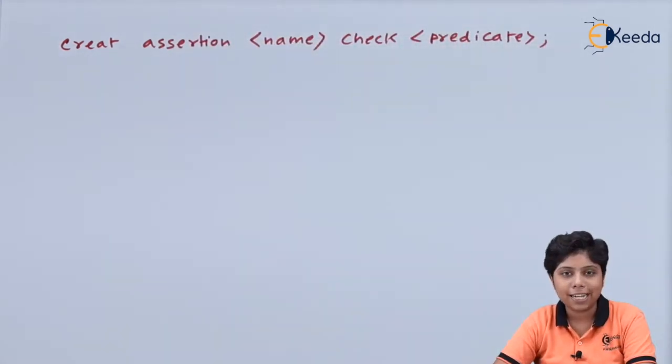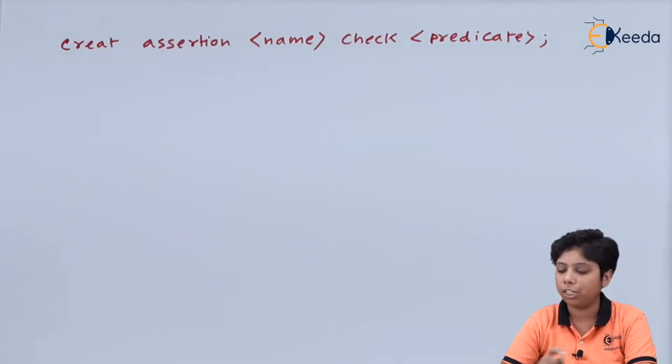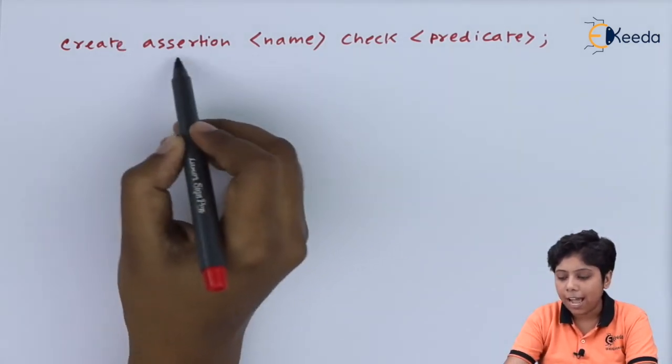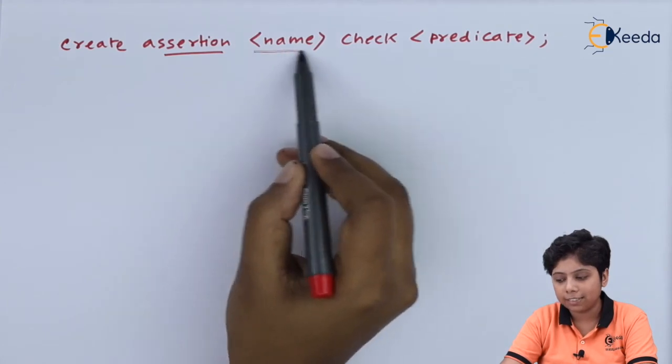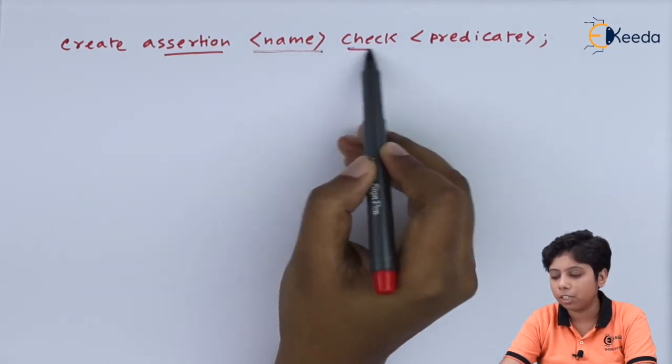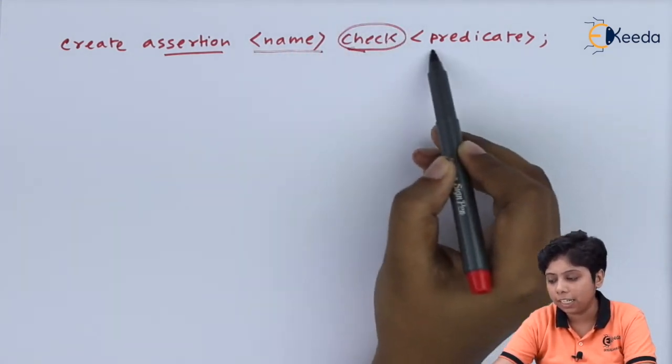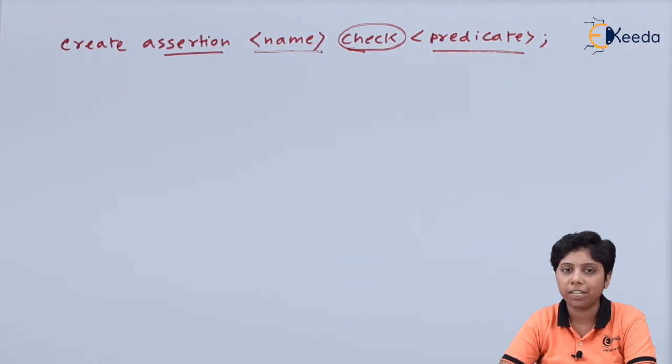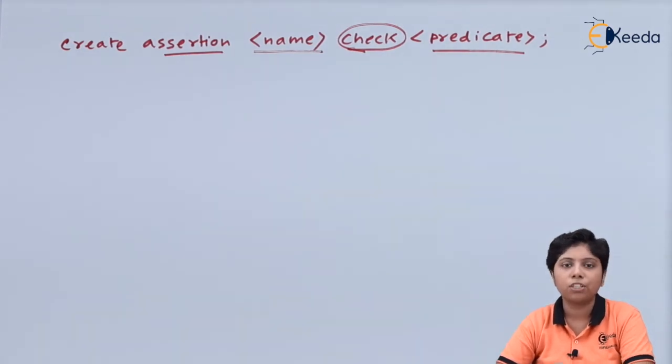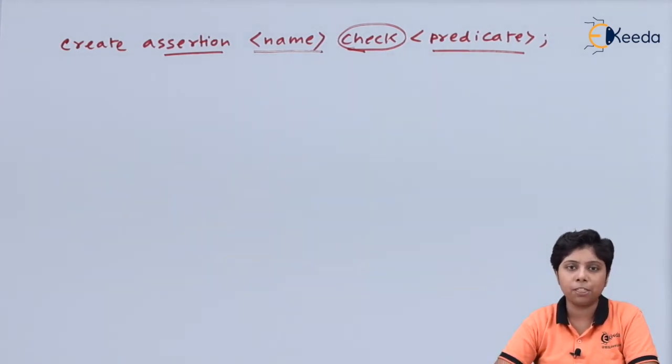This is the syntax of creating an assertion: we need to write create assertion, after that the assertion name, then use the keyword check, and then give the predicate or a set of predicates in the assertion. First we will see an example where we can use the assertion.